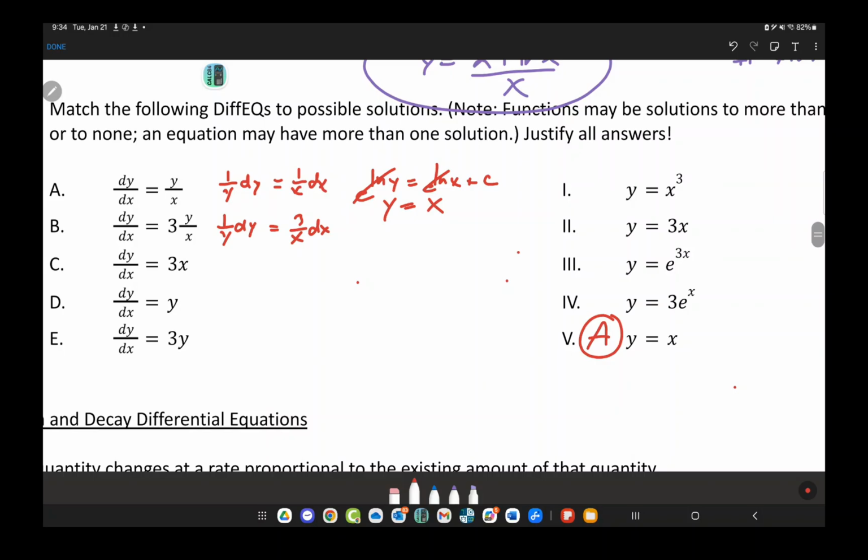Now this would give you the natural log of y equals 3 natural log of x. I'm not going to worry about c. What can I do with the 3? Yeah, the power. So natural log of y equals natural log of x cubed, and when I do base e, y equals x cubed.